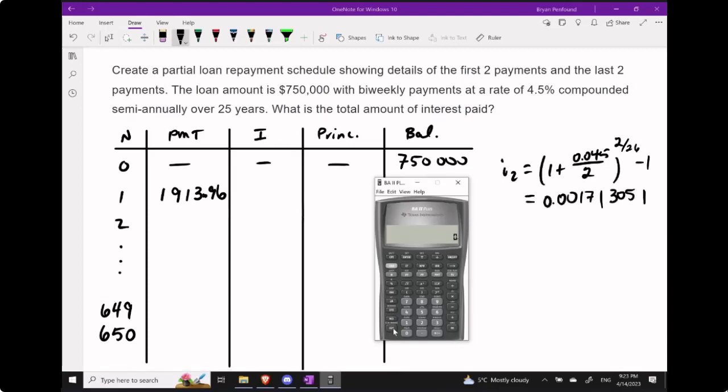Next, in order to move forward along row number 1, we need to take our principal balance of $750,000 and multiply that by I2. Doing that gives interest of $1,284.79.